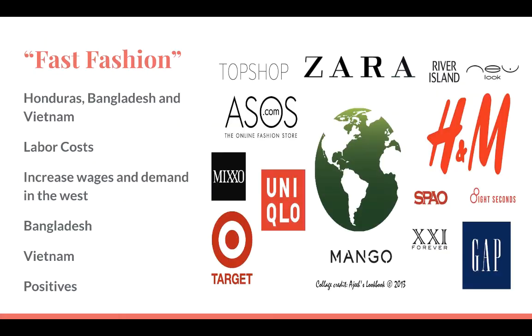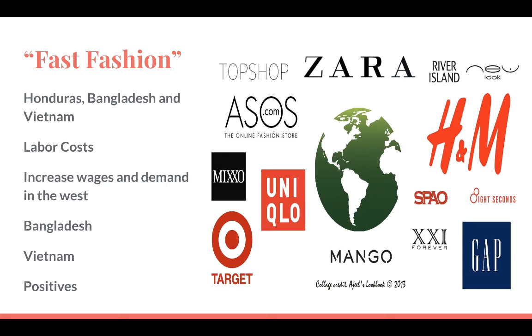That's huge. And one of the big things that really starts to push this, and probably the best example of these changes, is fast fashion. The places where fast fashion is going to be created are places like Honduras, Bangladesh, and Vietnam.